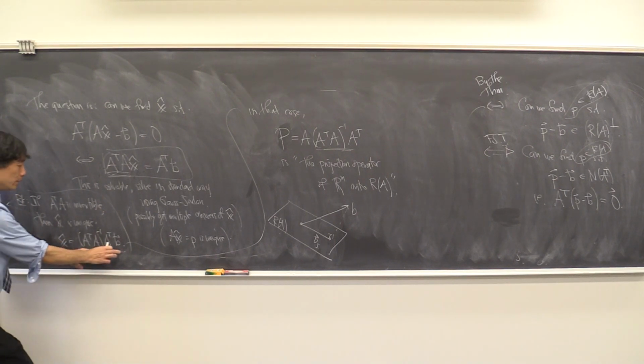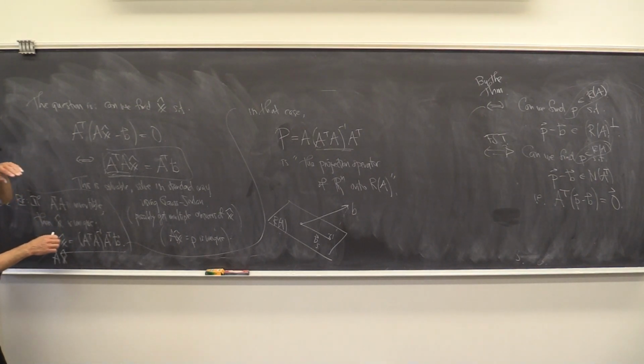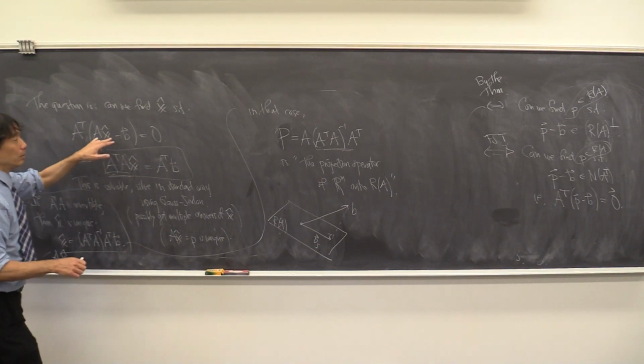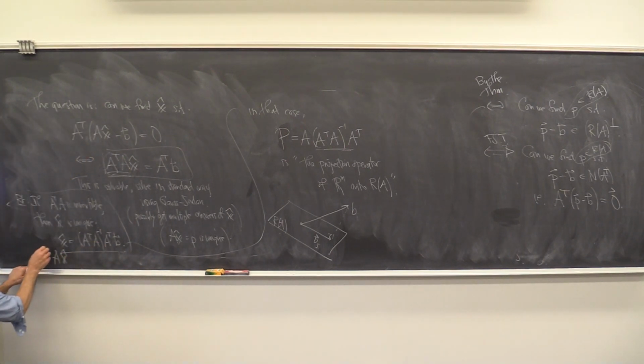If x hat is this thing, then A x hat is the thing that was closest to b, right? Remember what A x hat is.